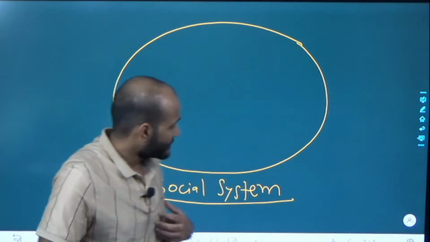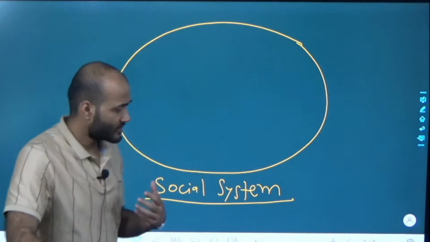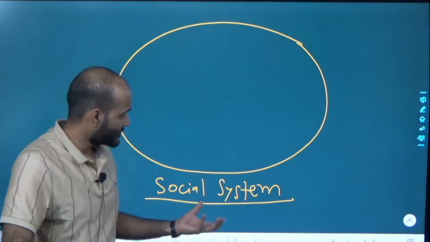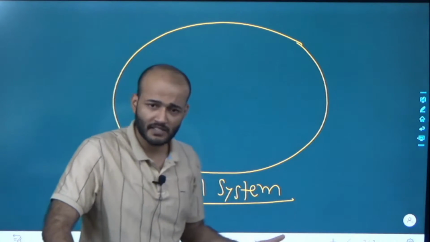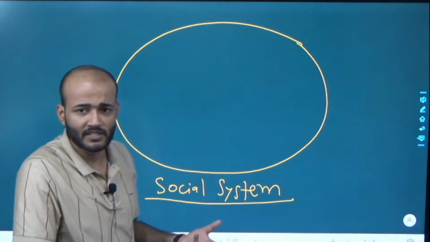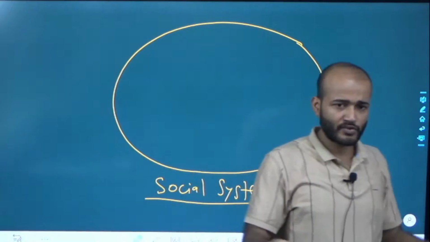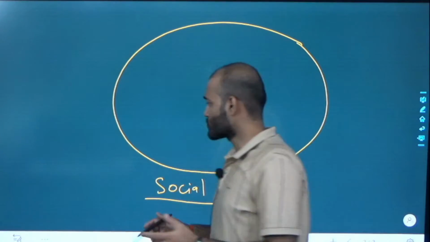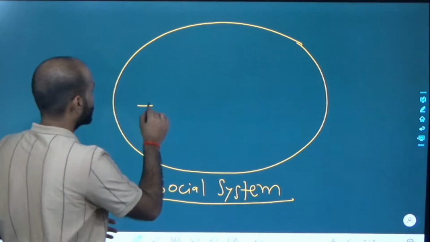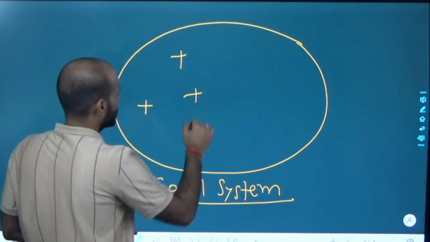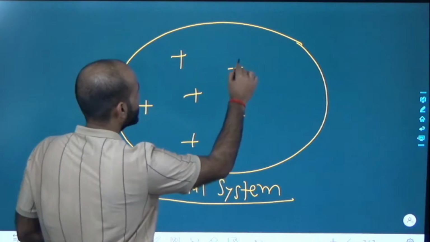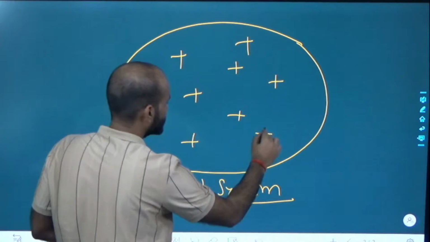Now, what is the meaning of Talcott Parsons putting forward such a concept? Now we are going to understand. He said a society itself has one kind of social system, and within the society there are many elements which are functioning.